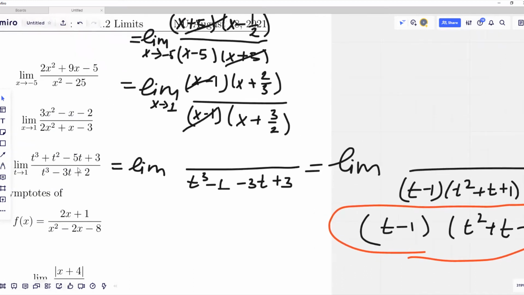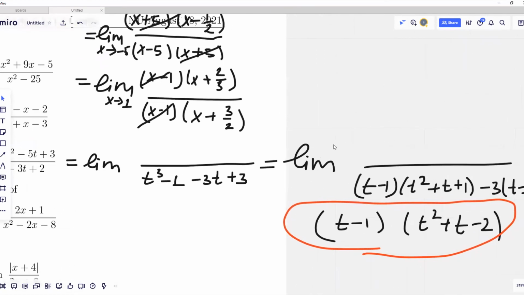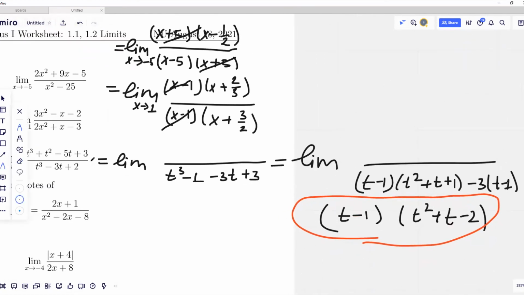Okay, so we have a hint that one of the roots should be t minus 1. If we turn that into 4, yeah, let's turn that into 4. So we'll have t cubed plus t squared minus 5t plus 4 minus 1.